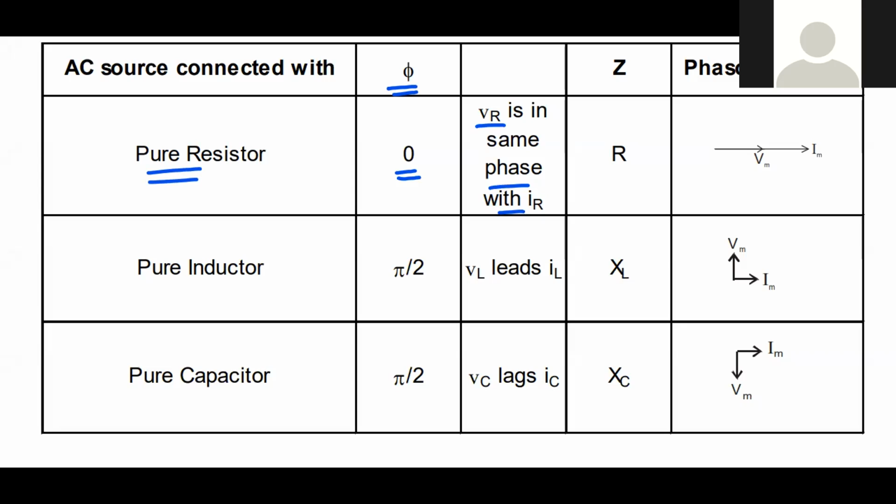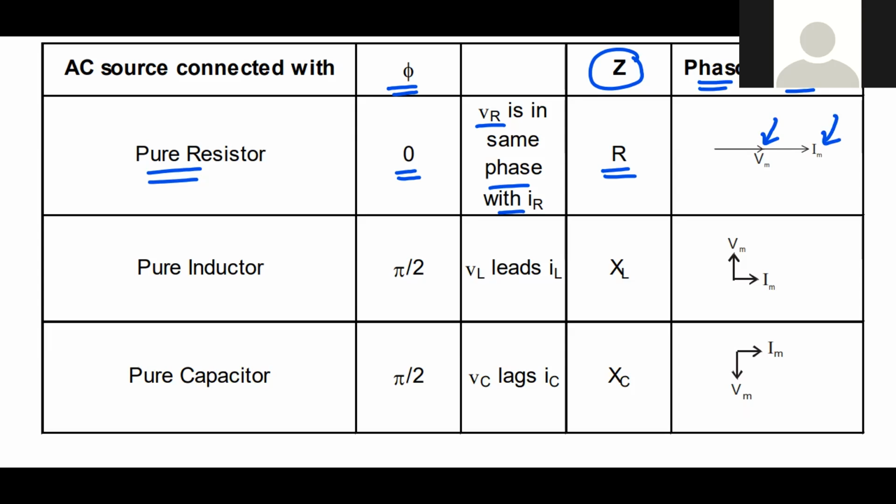Now, there is something known as this Z. We'll understand this Z in the next class. The resistance is R. Then we have something known as the phasor diagram. This phasor diagram tells us which thing is where. Here you can see current and V. They are both together because they are in the same phase. Do we understand this?